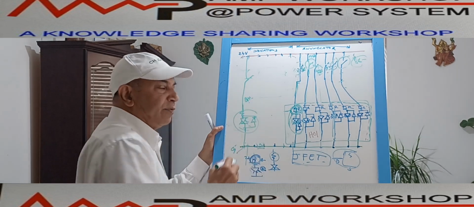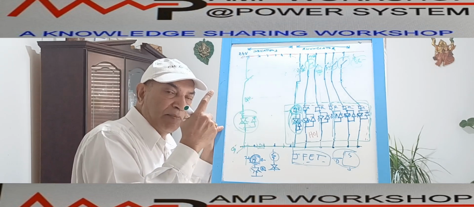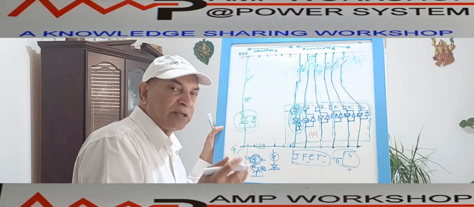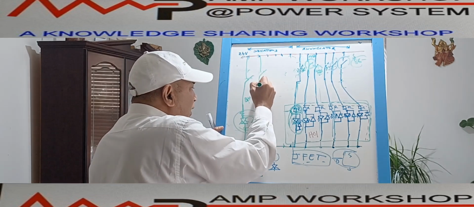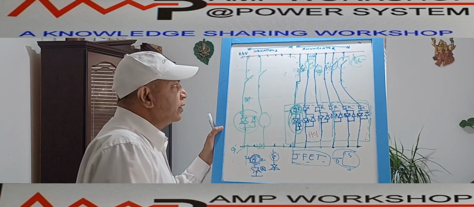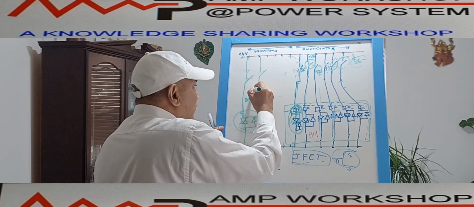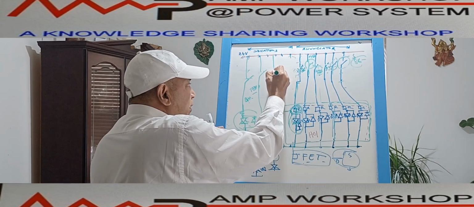Similarly, suppose there is a temperature trip. There is a temperature device on the transformer. If the temperature goes above the normal level, then immediately that contact will become NC and it will give another indication over here in the alarm system. Similarly, it is a temperature alarm, and then temperature trip. Similarly, Buchholz can give an alarm.